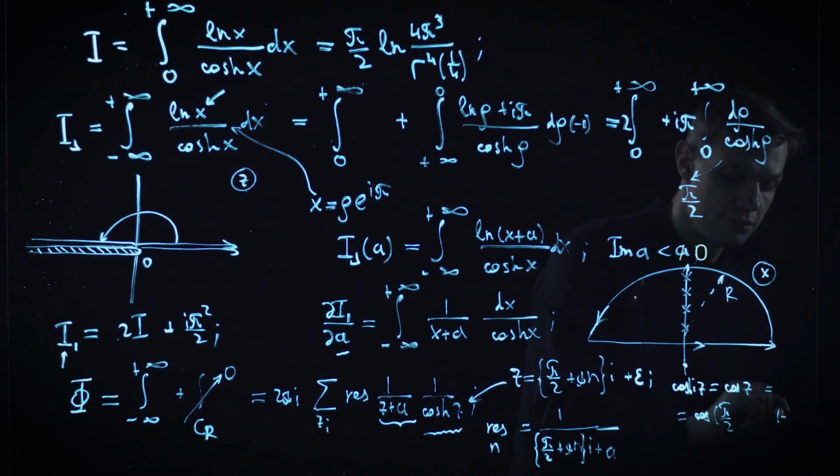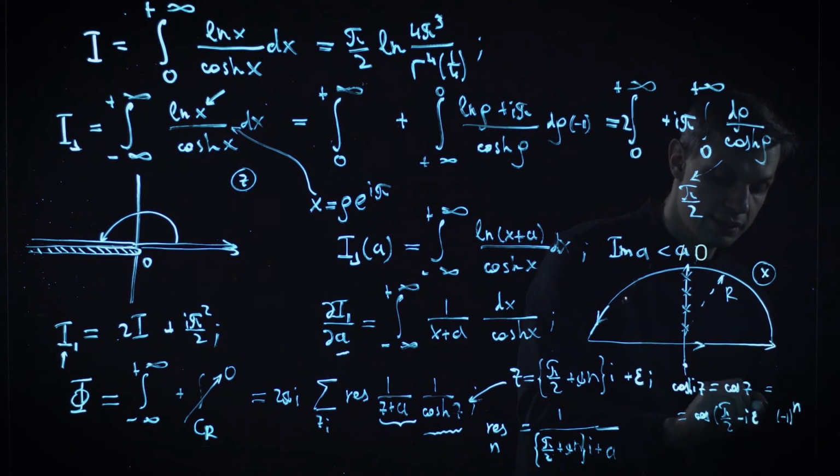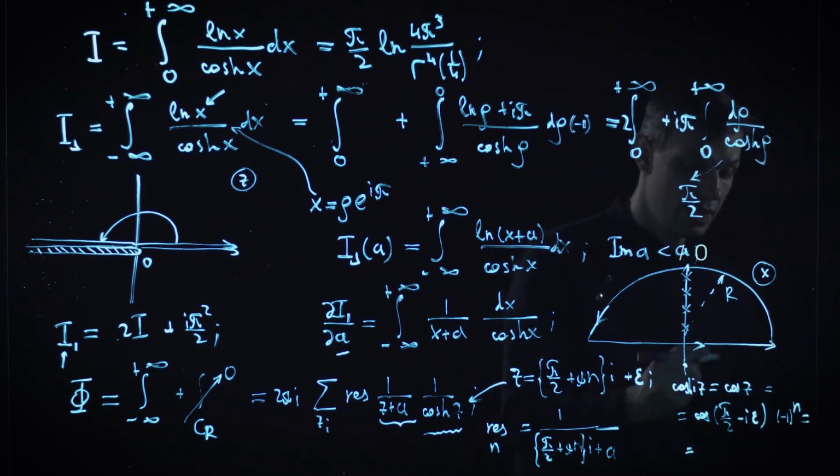It is turned into (-1) to the n, and minus I epsilon, which basically brings you sine of I epsilon.